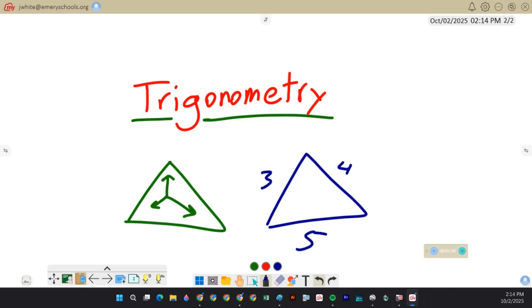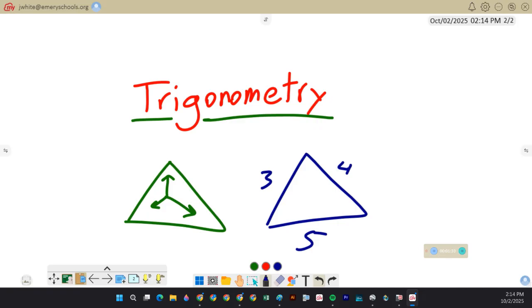But a long time ago, very smart mathematicians realized that there are some pretty amazing relationships between the size of an angle of a triangle and the lengths of the sides of the triangle. And trigonometry is really kind of strange when you first see it.